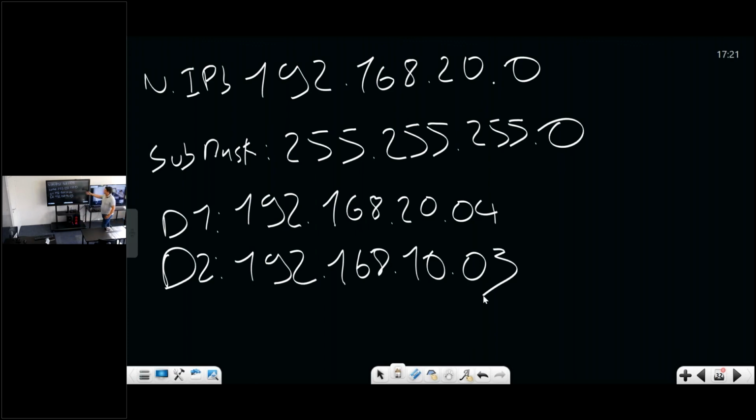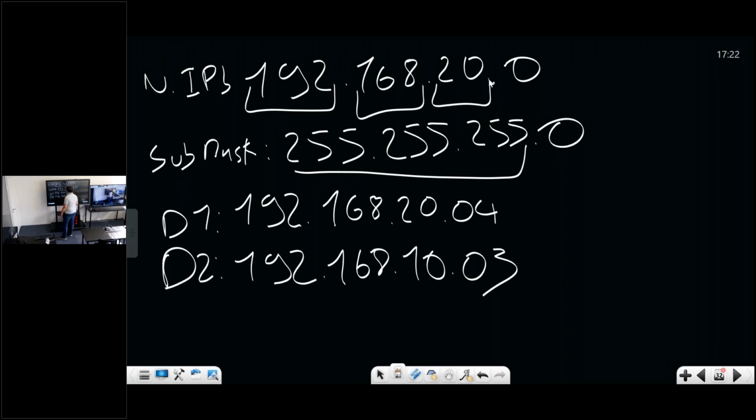So you take your subnet mask and check what represents your network. I know 255 means the whole number represents the network. So 255, 255, 255 means that 192.168.20 represents my network.